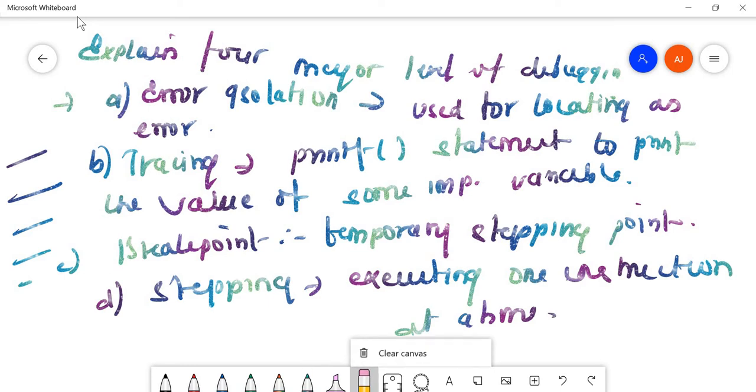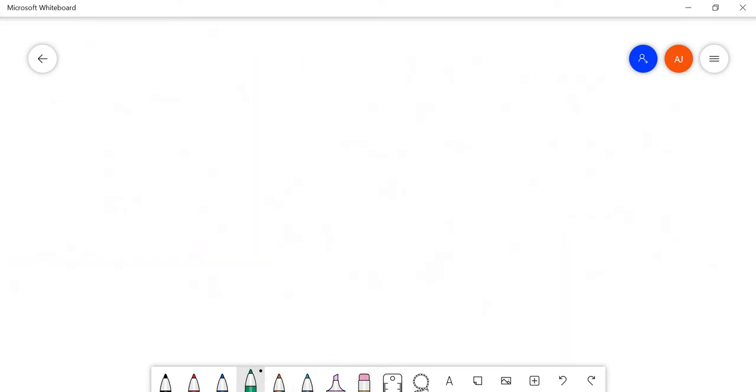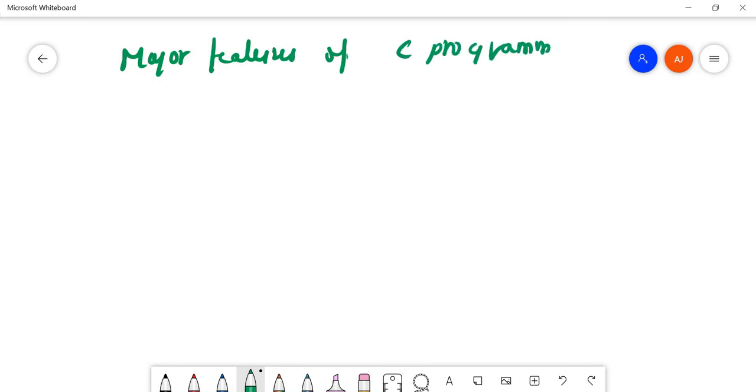The next question in this was the same program: what are the major features of C programming? I'll just write the keywords for this answer.